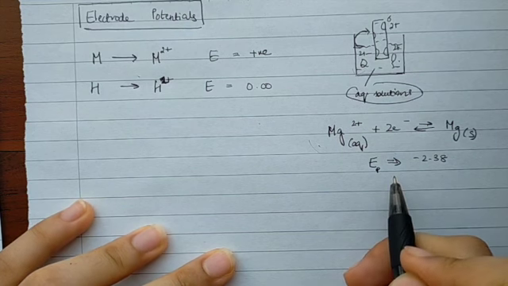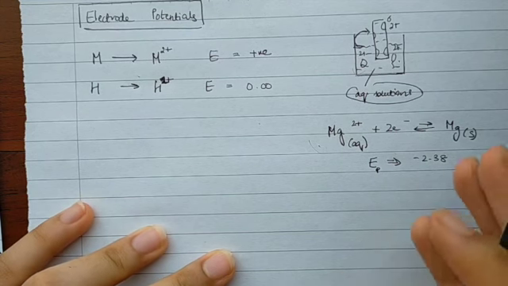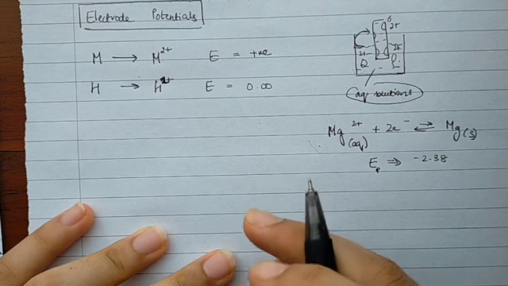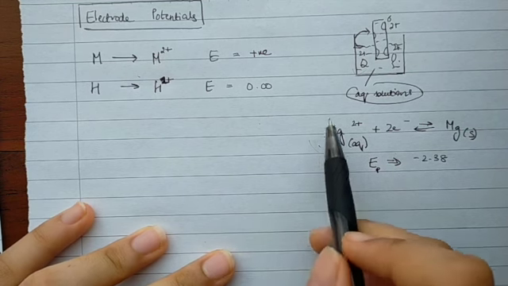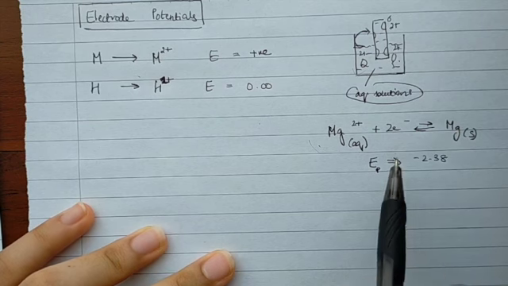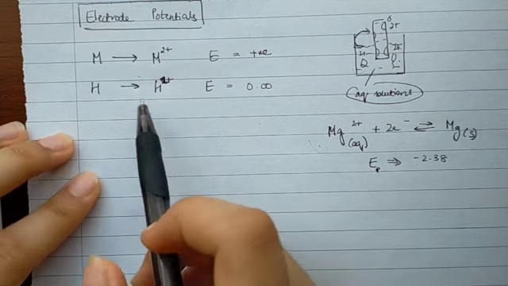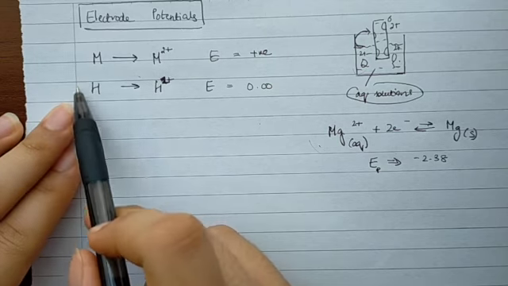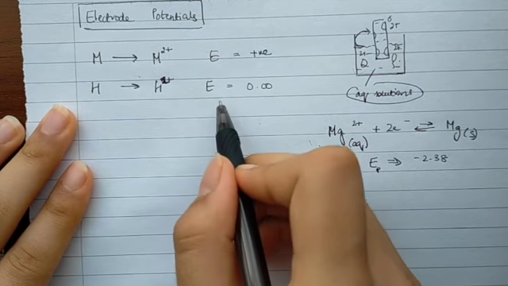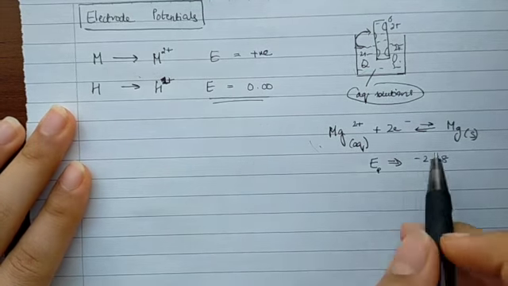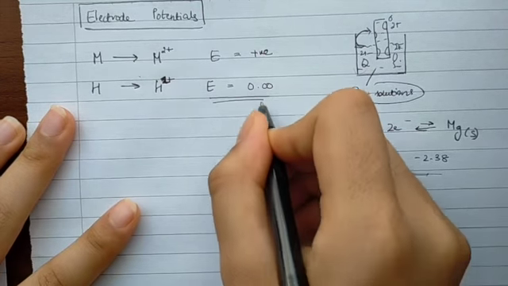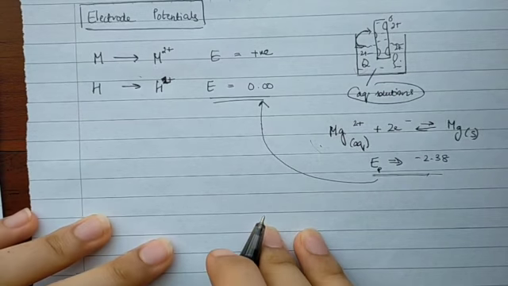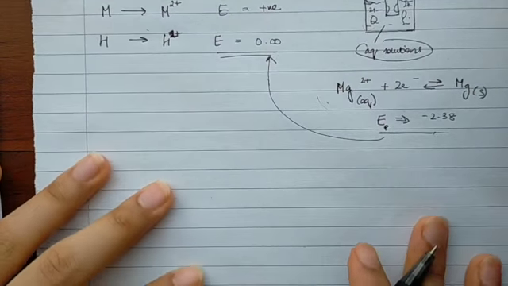So all this is comparing the tendency for magnesium to form its ion, or the opposite, the ion to form its atom, compared to the tendency of hydrogen ions to be formed from the hydrogen atom. This is the standard, and the electrode potential comes from comparing to the standard. I hope that is clear.